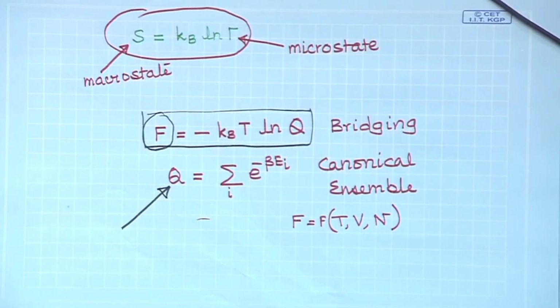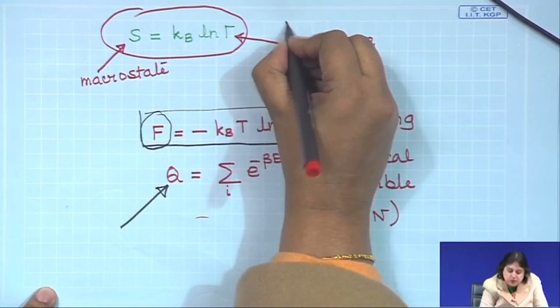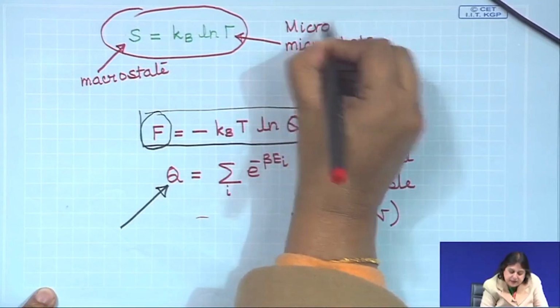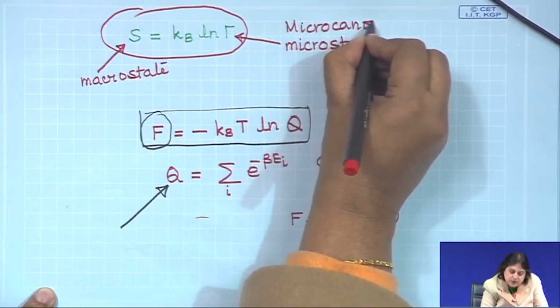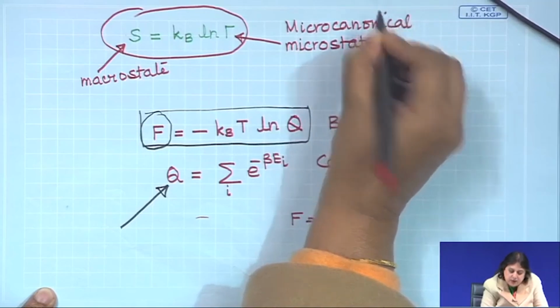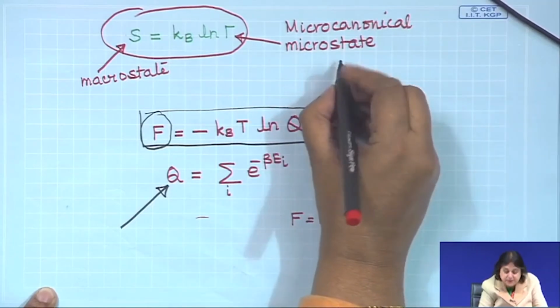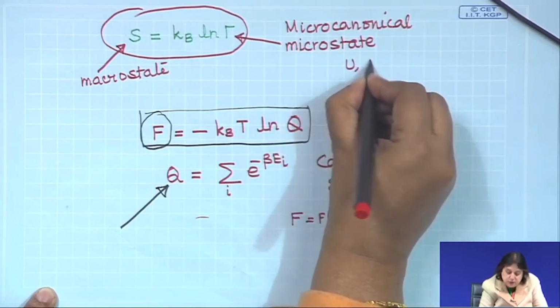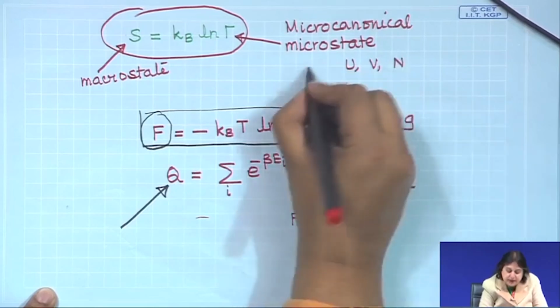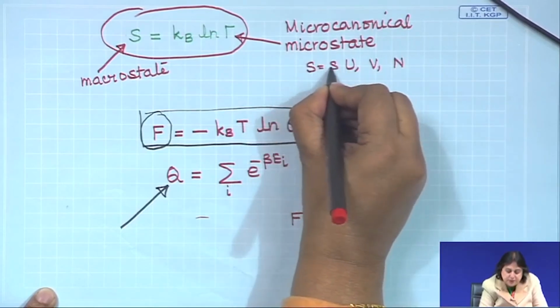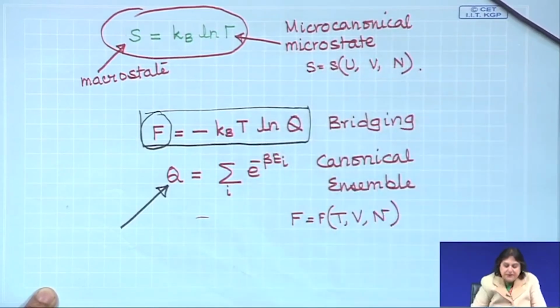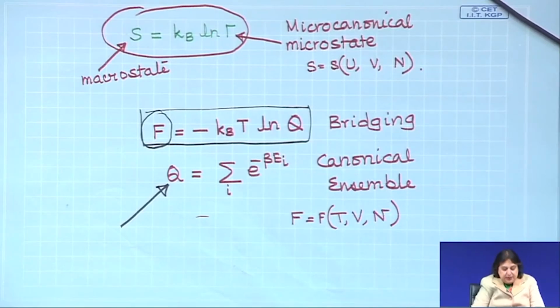On the other hand, when you had the microcanonical ensemble, there I know that I can describe the system in terms of U, V, N, and the entropy can be described as a function of these three natural variables.